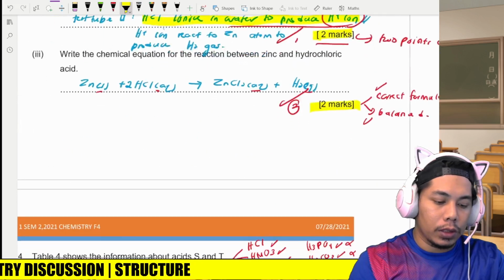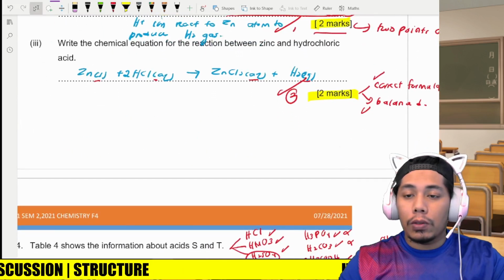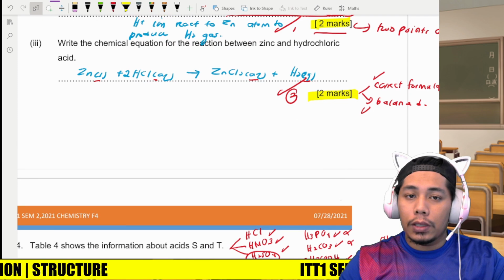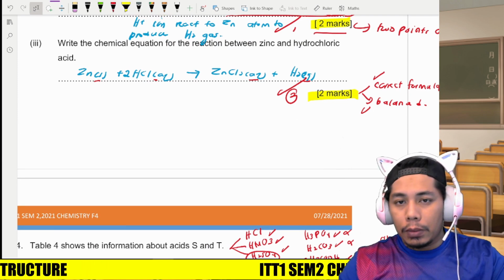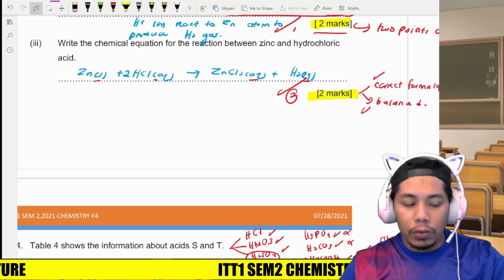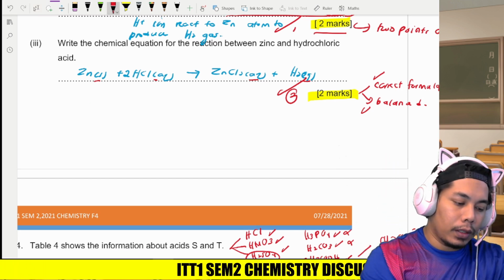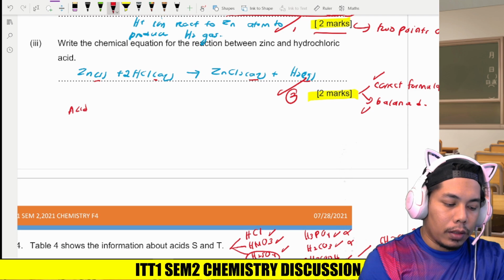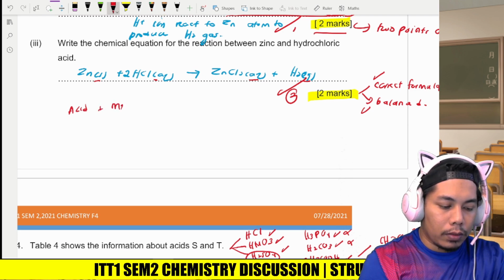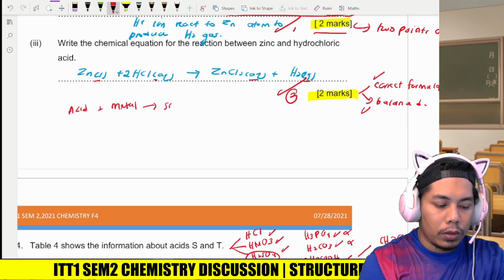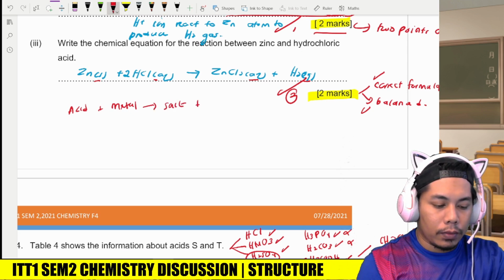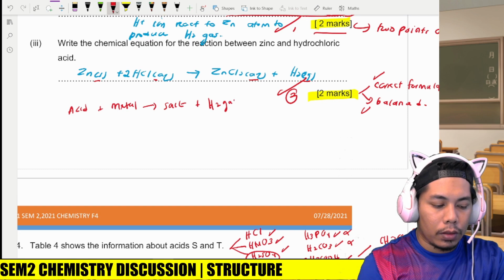Soalan nombor 3. Okay, so this one you have to memorize the process lah. Okay, ada beberapa tindak balas acid, kena ingat balik. Acid react with metal, produce salt and hydrogen gas.